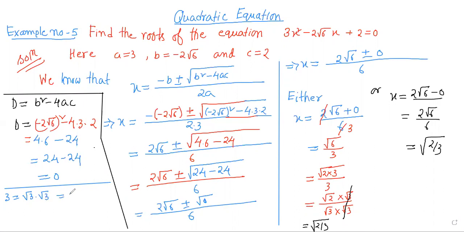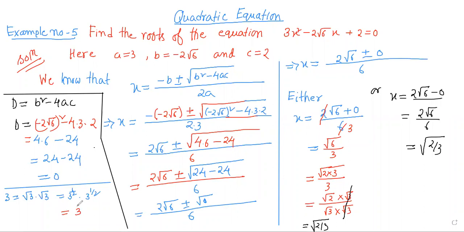See, root over 3 means 3 to the power 1 by 2, into, again, root over 3 means 3 to the power 1 by 2. Now you see that this 3 and this 3 are same. That means the base is equal, so we can add the powers. This is what you have learned in class 8.